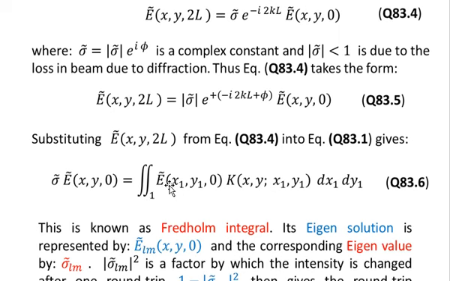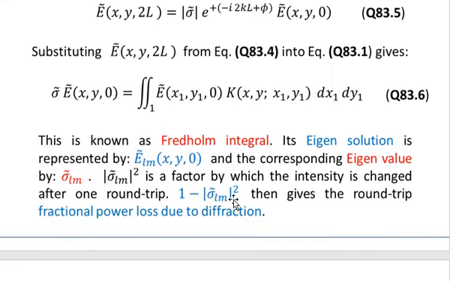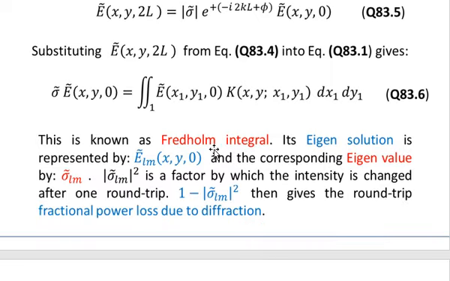Then we have E prime of x1, y1, 0, and then kappa of x, y and x1, y1, and then dx1 and dy1 as the integral variables. This integral is important. This is known as the Fredholm integral. Its eigensolution is represented by E prime Lm as a function of x, y, 0, and the corresponding eigenvalue by sigma prime Lm.